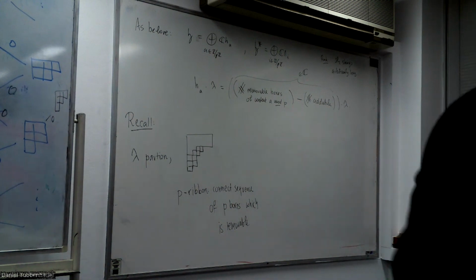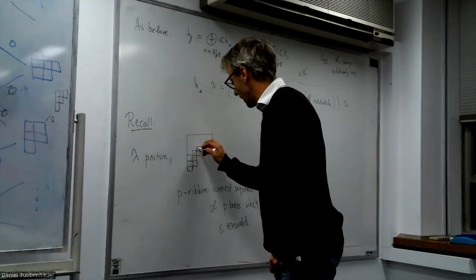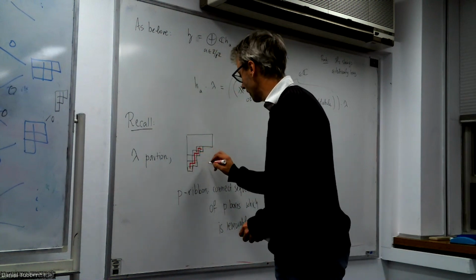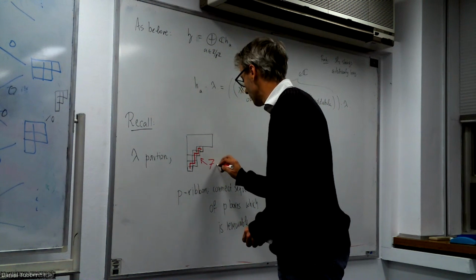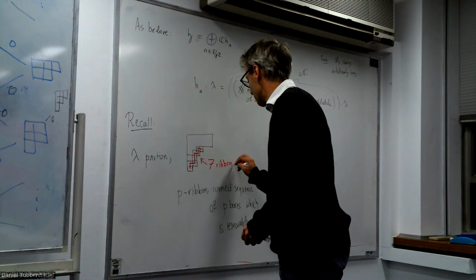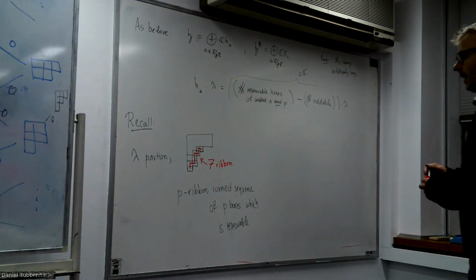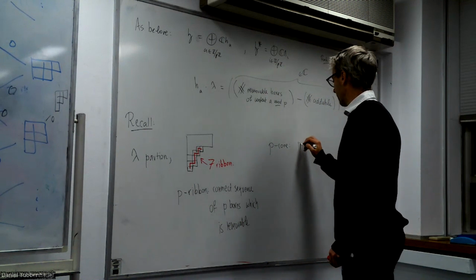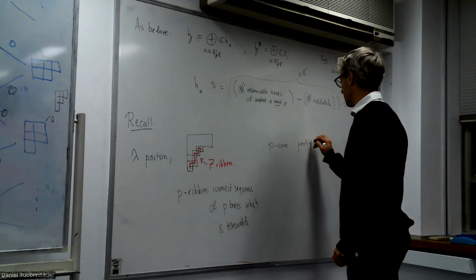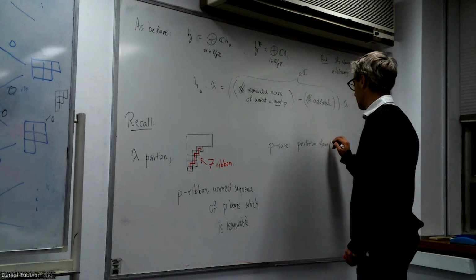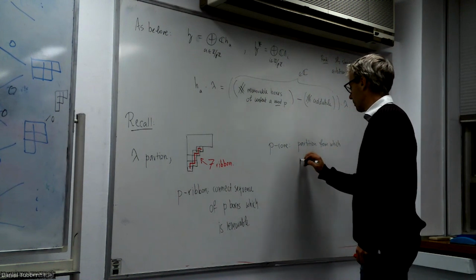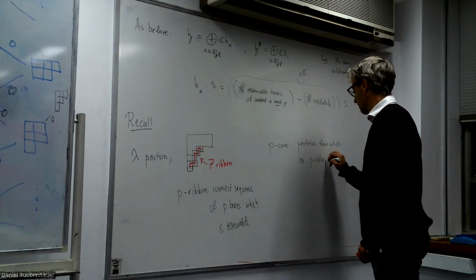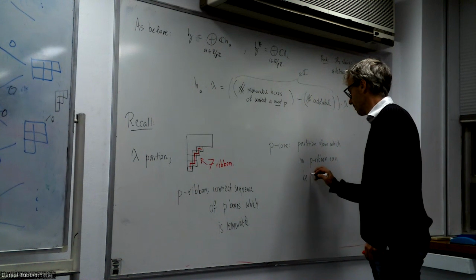Okay, so here's a picture of a partition: 1, 2, 3, 4, 5, 6, 7. This is a 7 ribbon. And a P core is a partition from which no P ribbon can be removed.